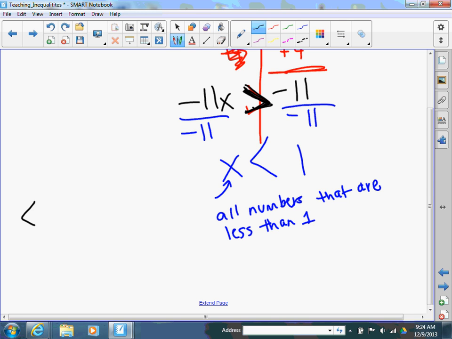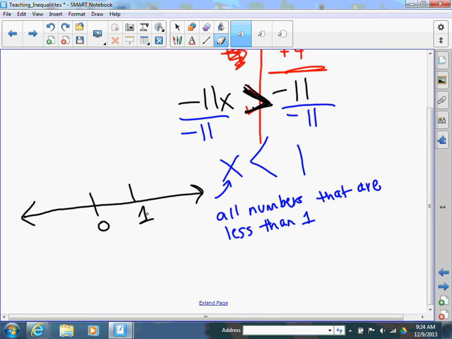Let's shade it. Draw you a number line down here. So 0, and we have 1. Open or closed? It's going to be open. So do an open circle.